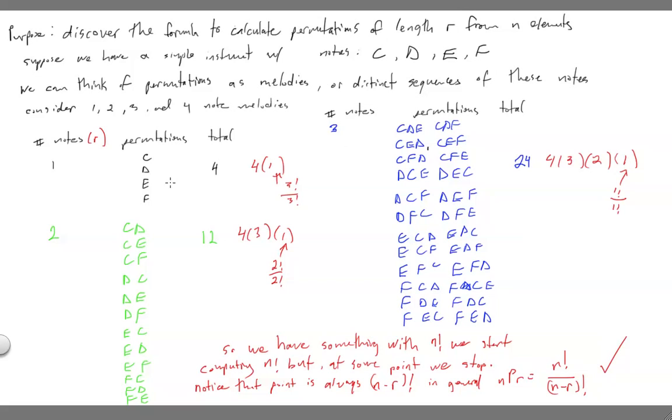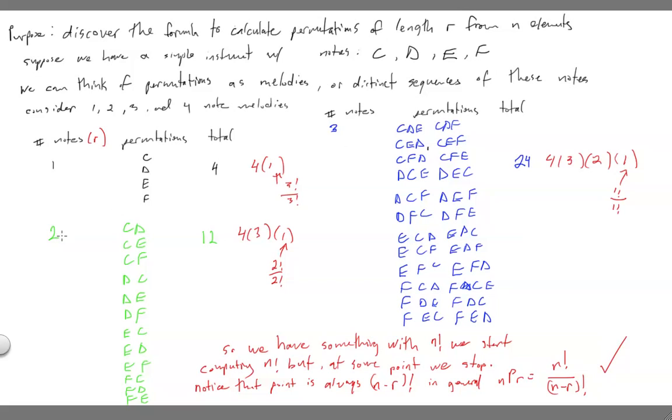So if I played C D E, that's a distinct permutation from C E D. Whereas if I played the C, the D, and the E all together to form a chord, that would be a pretty crunchy sounding chord with all of those major seconds together. But nonetheless, the basic idea is that in combinations the order doesn't matter. You're looking at sets of groupings, whereas in permutations it's all about the order. That's the essential thing.